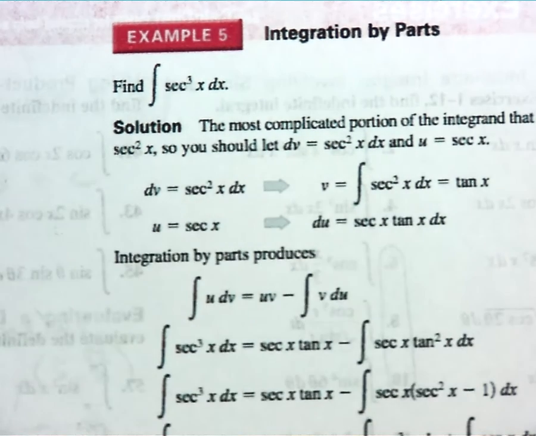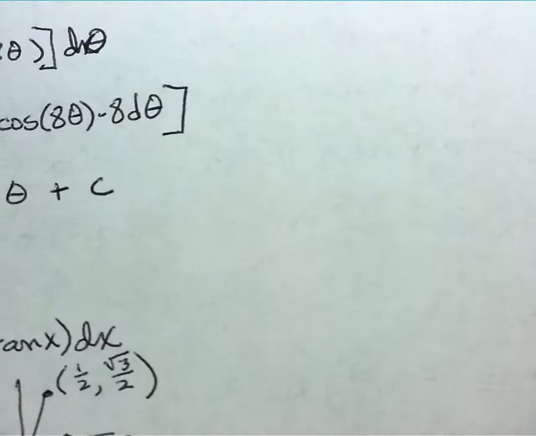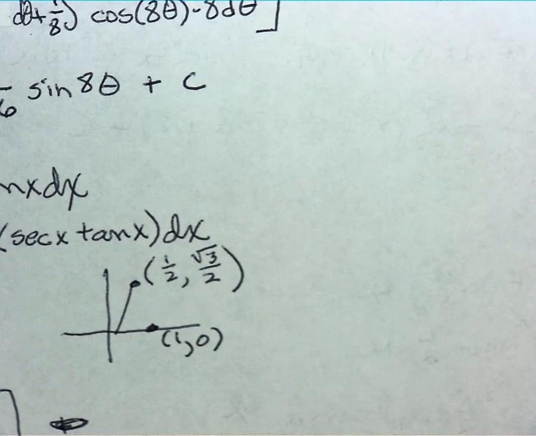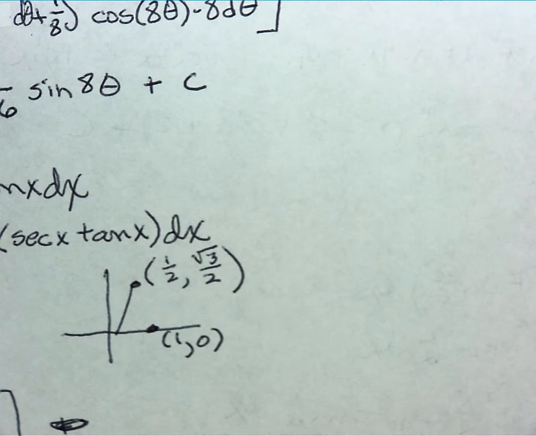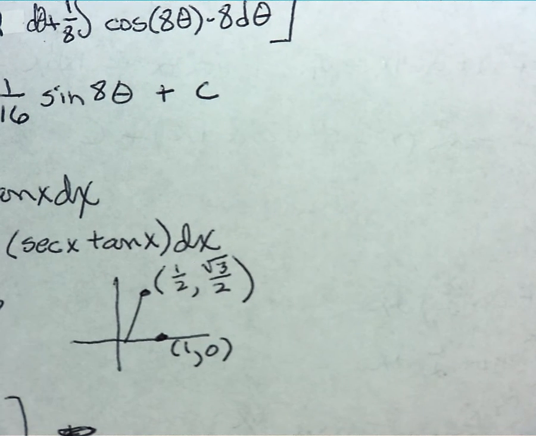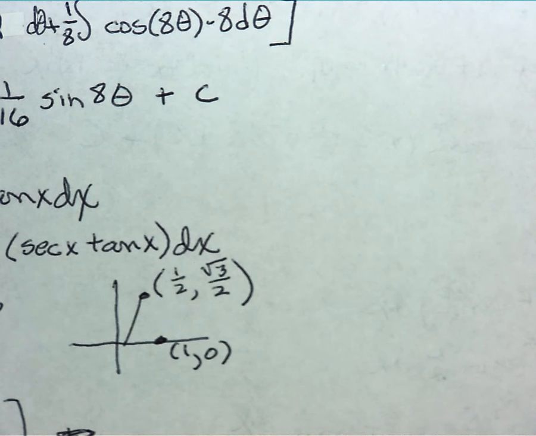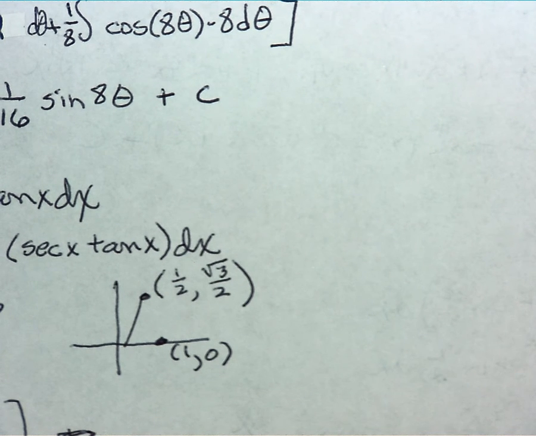All right, so let's try that. I'm going to keep that 1 over pi out of the way the whole time and say this is secant pi x times secant squared pi x times pi dx.